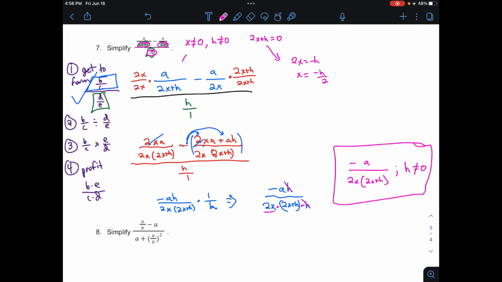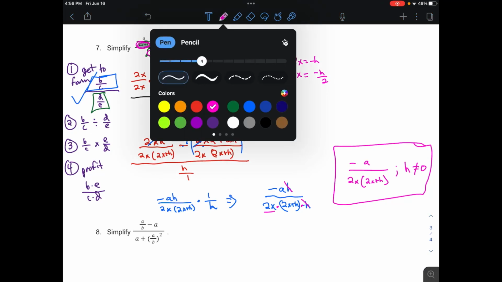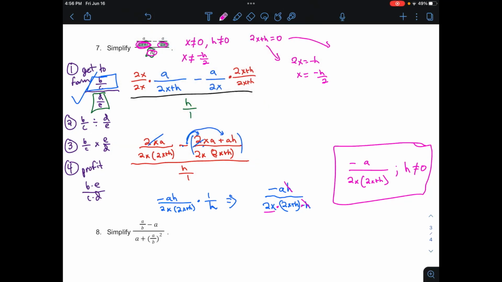That would be a problem. So x cannot equal negative h over 2, because then this whole denominator would be 0. You should plug that in and check it if you want to see. And if I solve for h equals negative 2x, that would also make that denominator 0. So I should say h does not equal negative 2x.